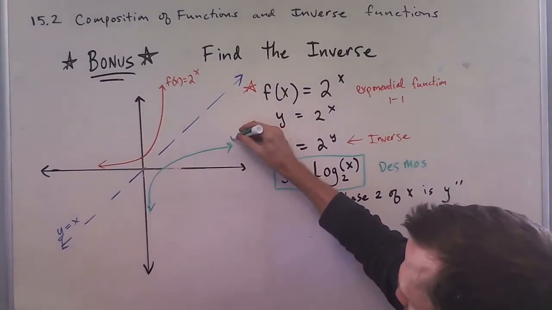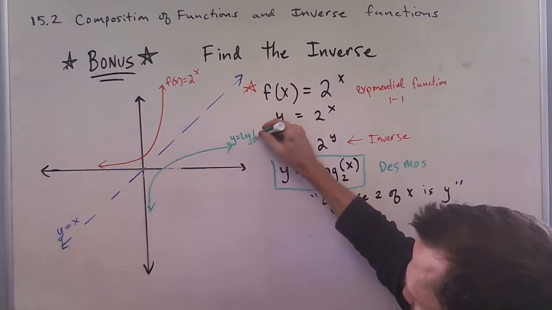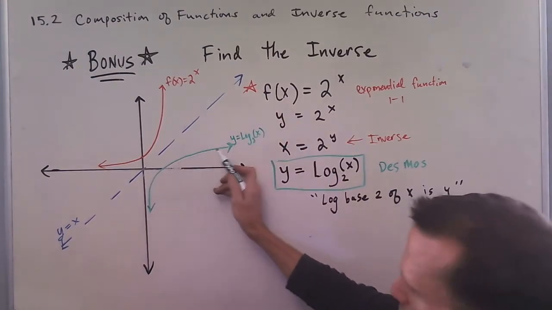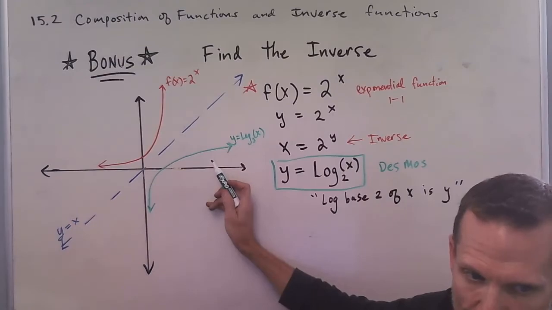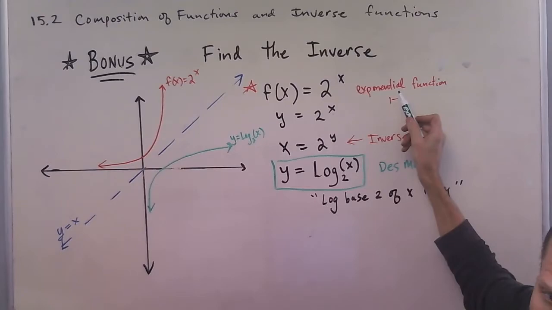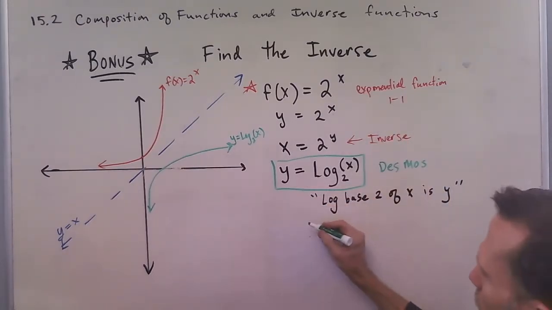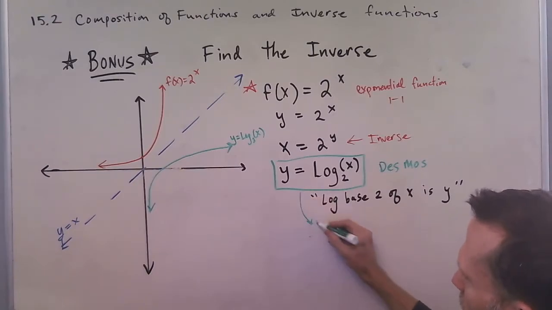And then here, if you type in log base 2 of x, you're going to get this logarithmic function. Okay, so what's the inverse of an exponential function? The inverse of an exponential function is a logarithmic function.